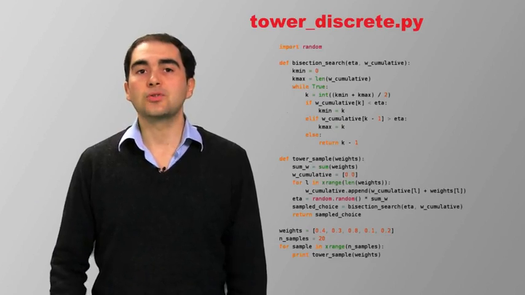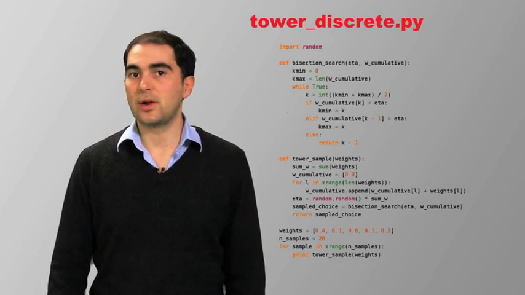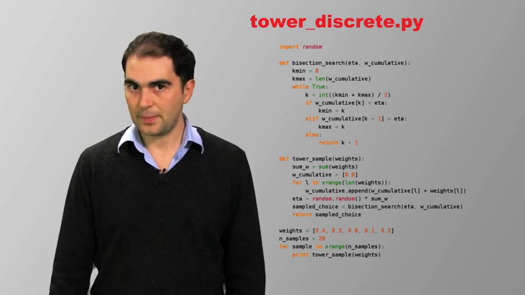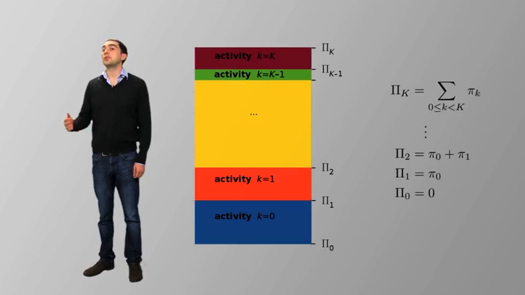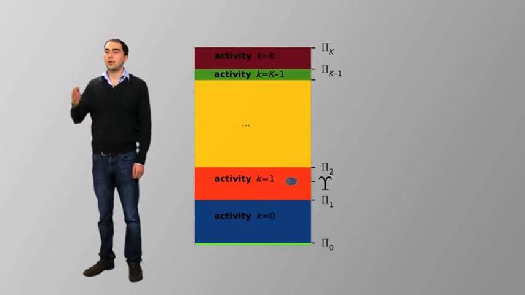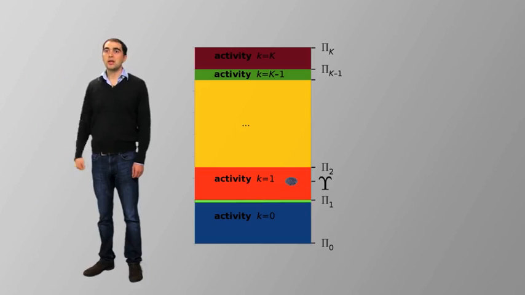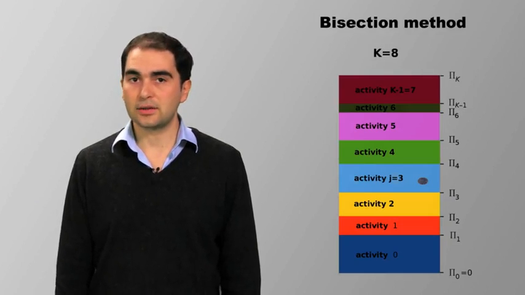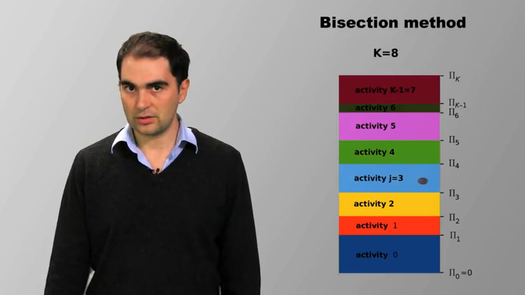How can we actually find the box j where the pebble falls? For a small number of activities k, we can just go through the ordered table pi 0, pi 1, pi 2, and so on, until we find a j for which pi j minus 1 is smaller than upsilon, which is smaller than pi j. For larger k, it is better to use the bisection method.